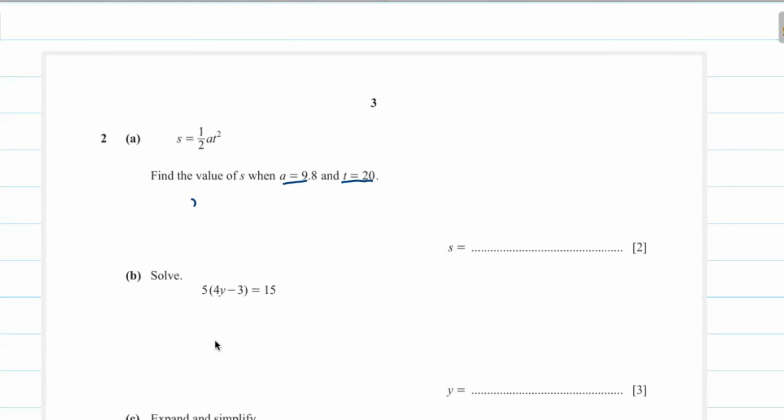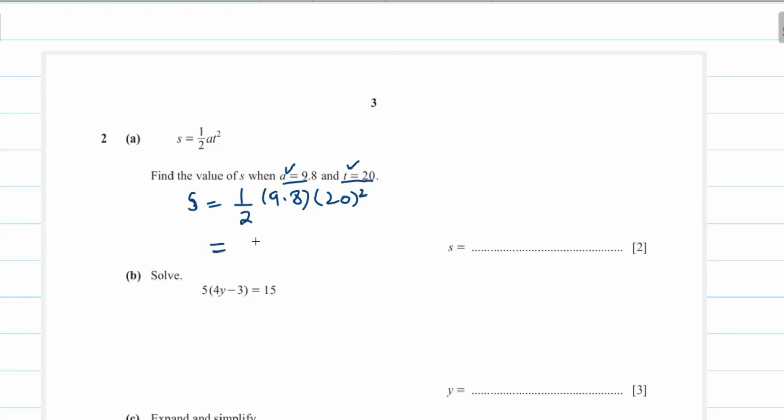Question number 2, part A. Find the value of S when A equal to 9.8 and T equal to 20. To find the value of S, we substitute the values of A and T in this equation. The equation here is S equal to 1 over 2 A T squared. The value of A is 9.8 and the value of T is 20 squared.